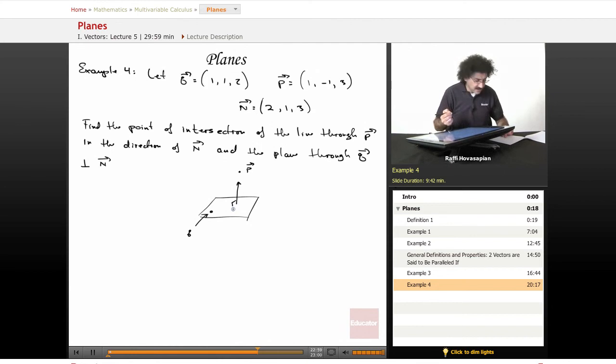So N is like that. And this line that passes through P, it's in the direction of N.